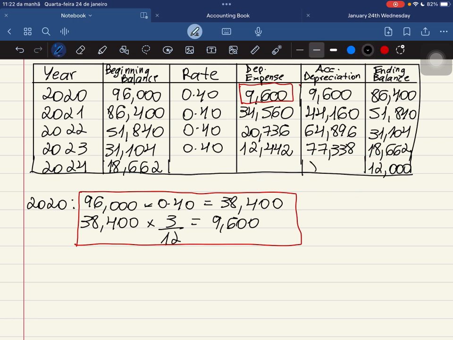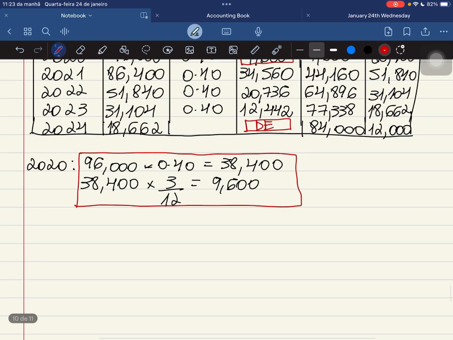So over here, this necessarily has to be 84,000, correct? So what we actually need to know is this depreciation expense here of this year. How much would this have to be in order for us to get this 84,000 and consequently get this 12,000? Well, we can calculate it. How do we do that?